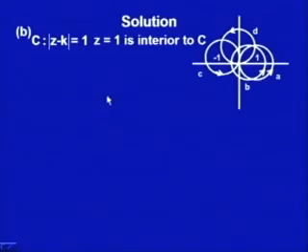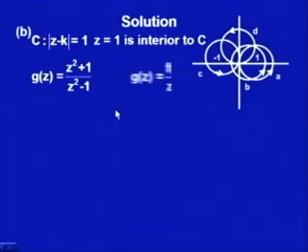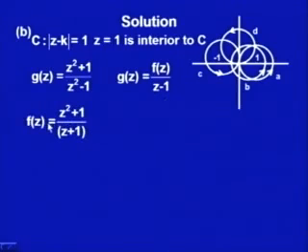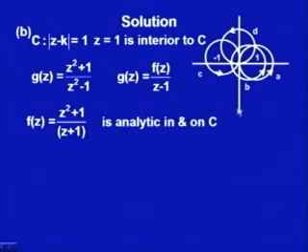Again I will break my g(z) in a similar manner, z square plus 1 upon z square minus 1, I would write as z square plus 1 upon z plus 1. On this circle it is completely analytic because z equal to minus 1 is still outside this circle. So for g(z) I consider this one, and I get f(z) as this, analytic on C.